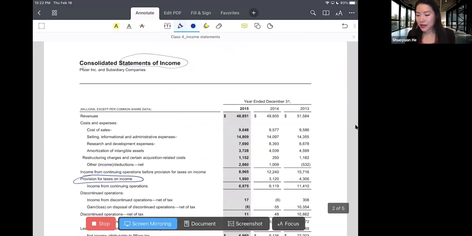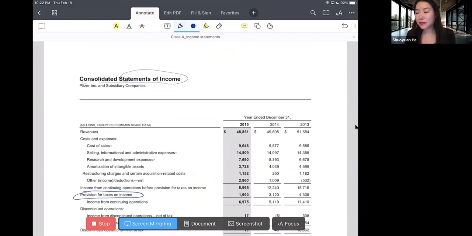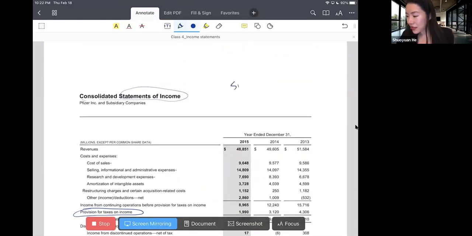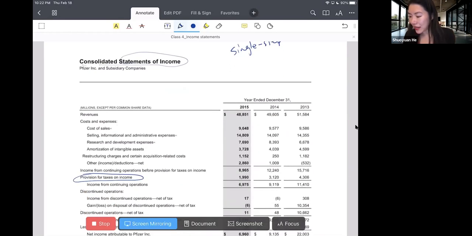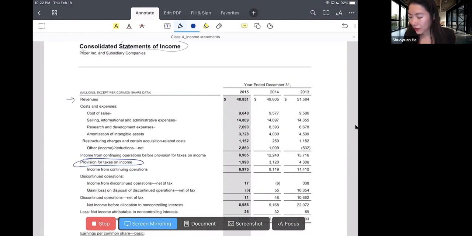The next one, Pfizer. Is Pfizer using single step or multiple step? Pfizer is using single step. So as you can see here, it has revenue, and then it is summing up all of the cost and expense. So all of the cost and expense are summed up together.